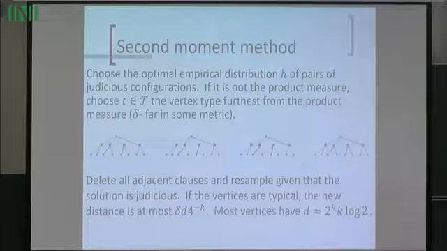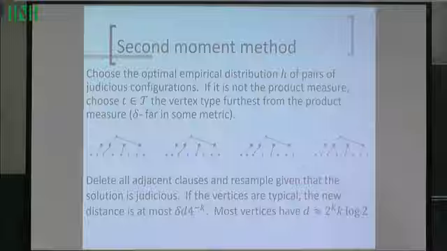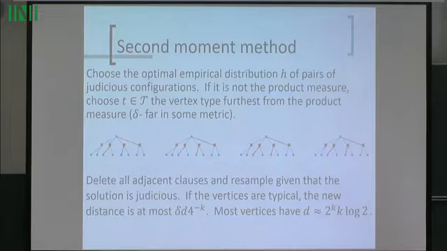Otherwise it wouldn't be the one that gave you the biggest contribution. If you start from a uniformly sampled solution, it should have empirical distribution h. Then when you resample, it should still have empirical distribution h. You'll have an exchangeable pair, so you shouldn't change the empirical distribution when you do this procedure. But if it's not the product measure, it will change.